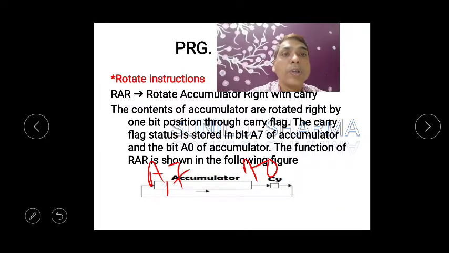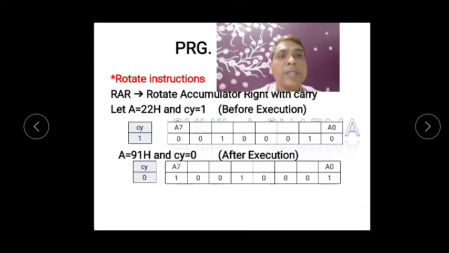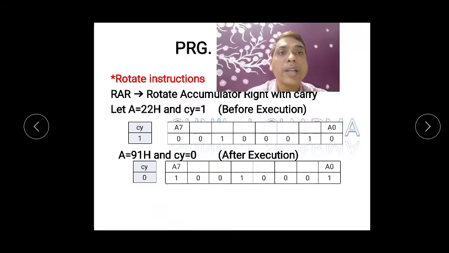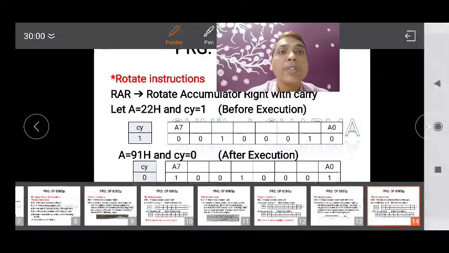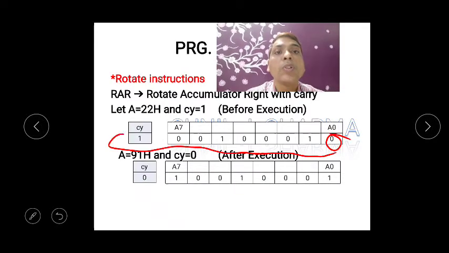I hope you understood. Now let's take an example. I've taken the same example: accumulator value is 22, carry is 1, and we are going with RAR. This is 2, this is 2. Now what happens: this 0 will be going to carry and the carry will be coming to A7.